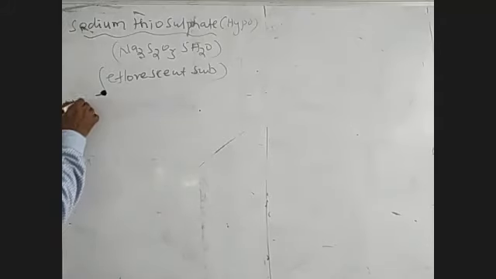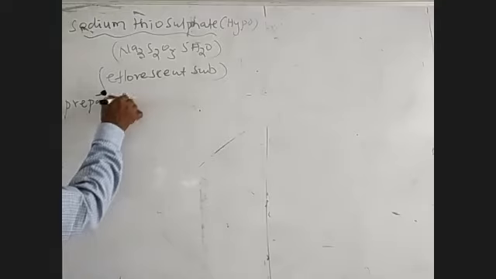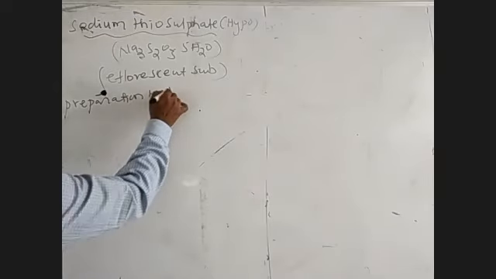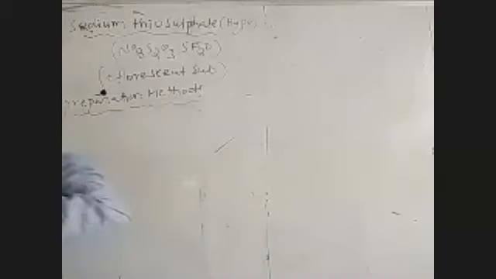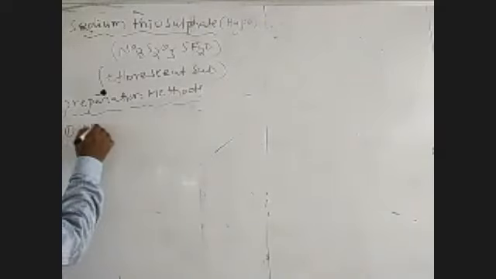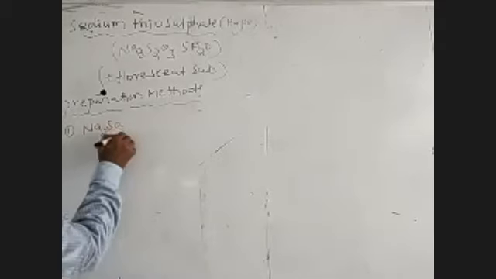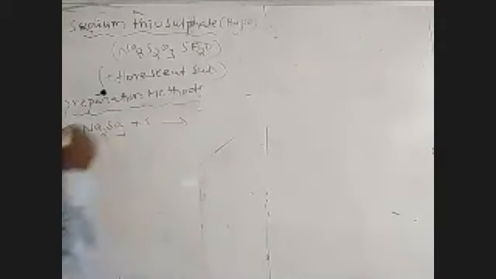Now the preparation methods of sodium thiosulfate, that is hypo. Here hypo can be prepared when Na2SO3 reacts with colloidal sulfur.